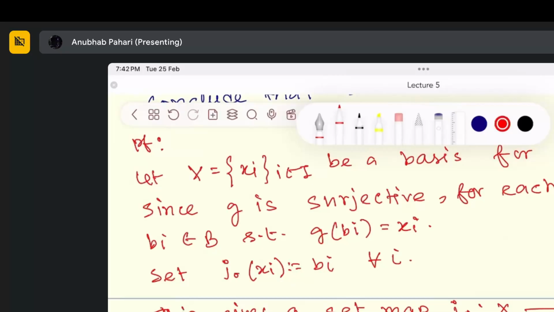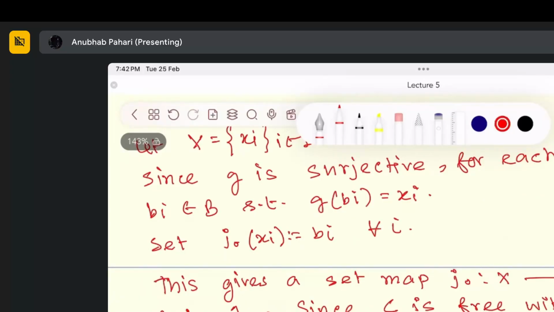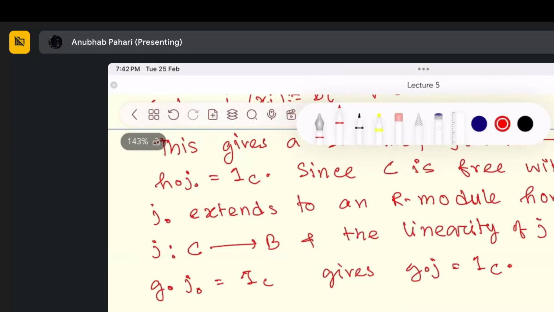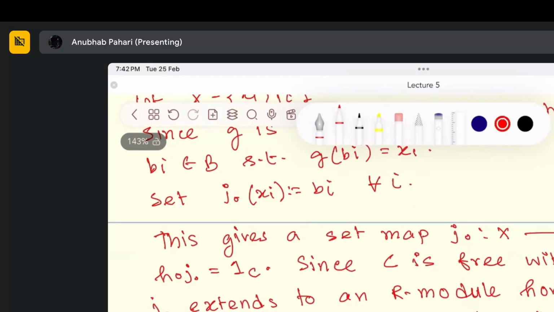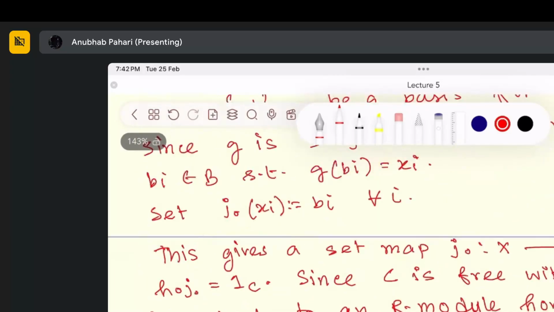And the linearity of J together with g of j0 being identity gives g of J equals identity on C. Now take small b in capital B, this is for part 2.